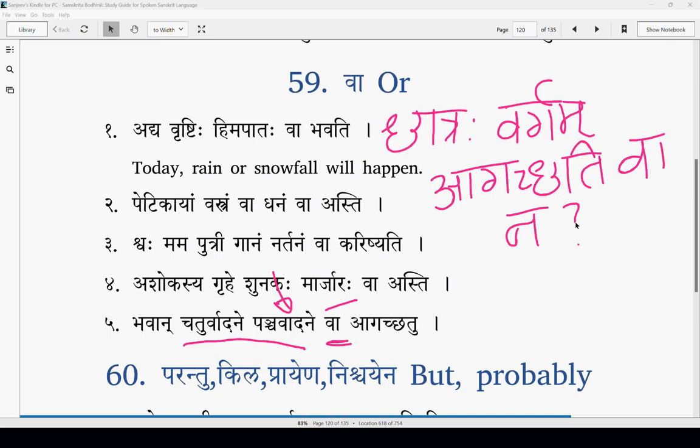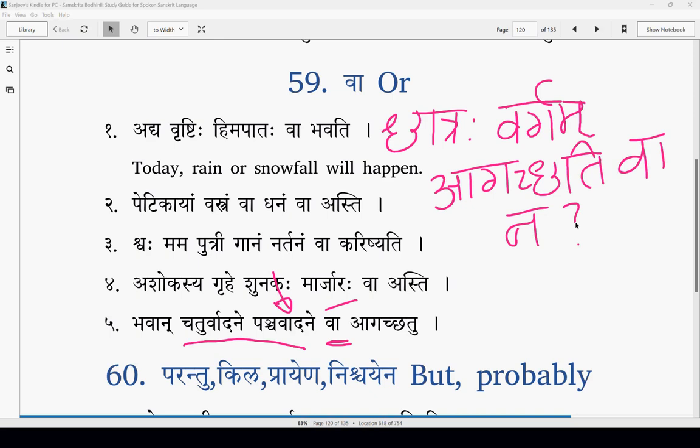Va is not a question word, though it is being used like that incorrectly by many people.